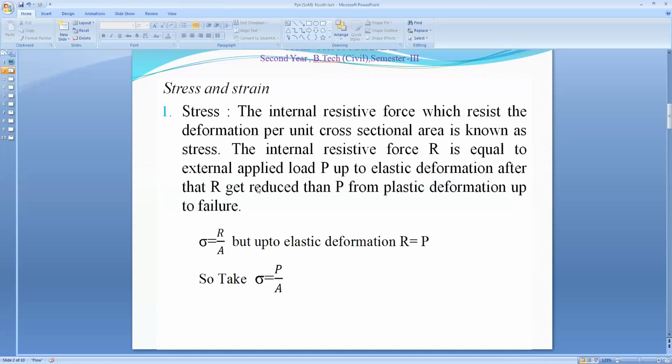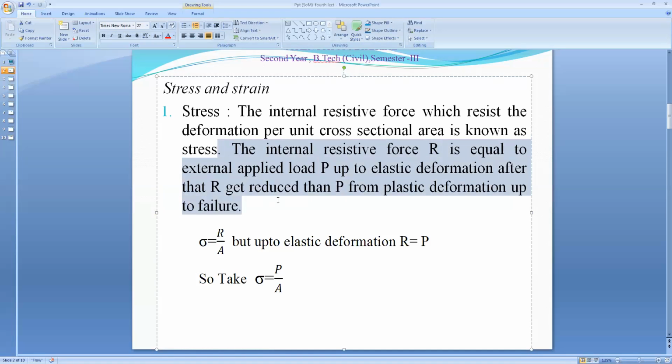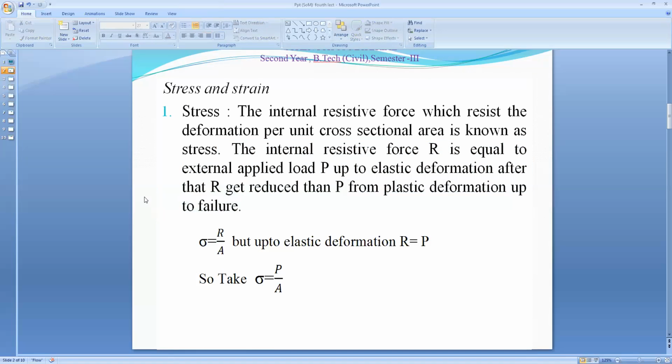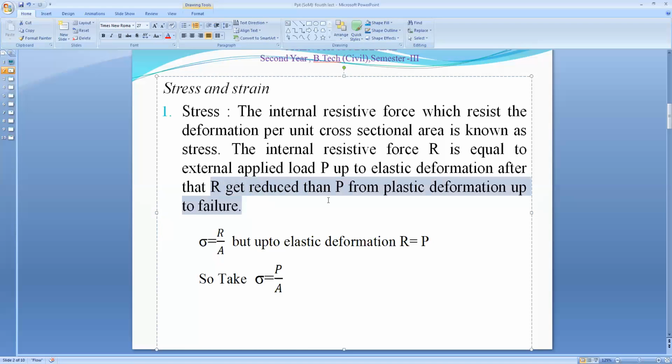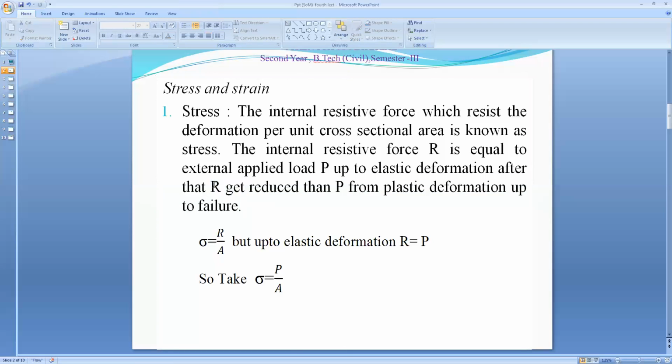At that time, the magnitude of R decreases with respect to the magnitude of capital P, because capital P is the external agency and retains the same value up to the failure of the body. After the occurrence of cracking, there is an abrupt reduction in the magnitude of R, and it goes down to zero.